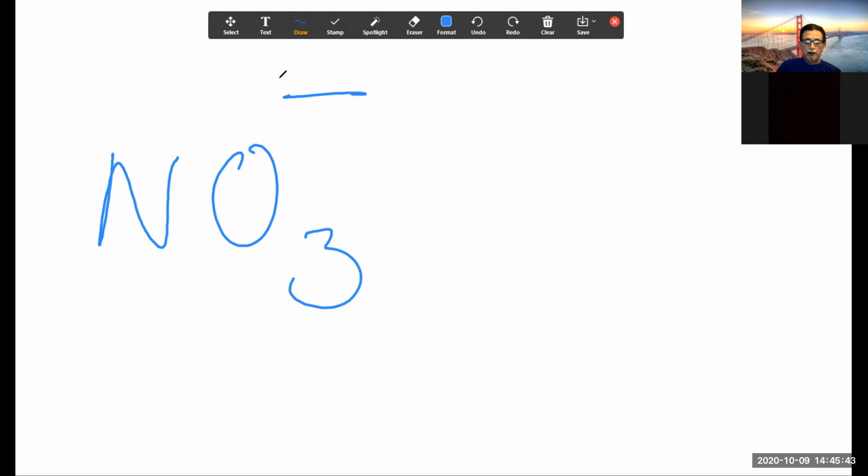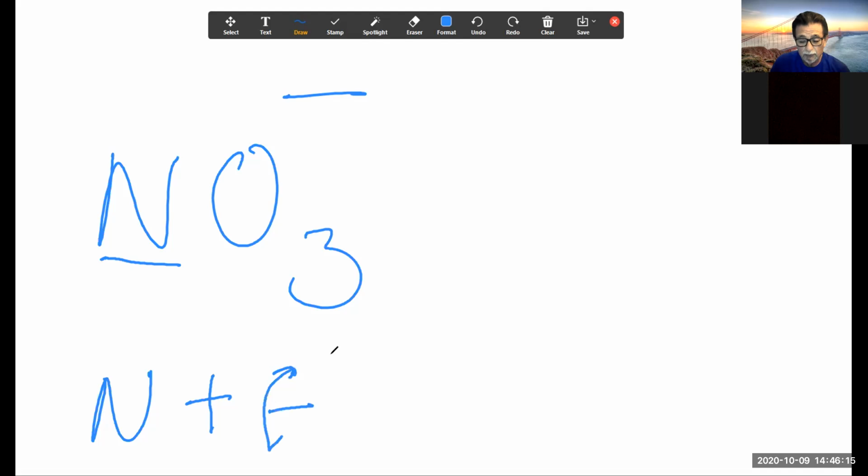I want to figure out the oxidation state of nitrogen, the central atom. I don't know what it is in this form. So I can write nitrogen plus... each oxide is a -2, correct?